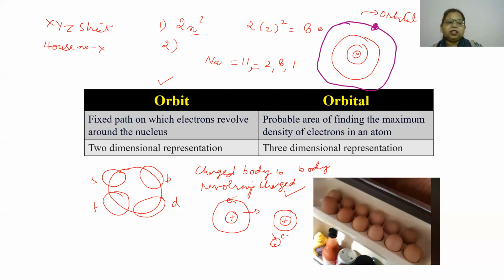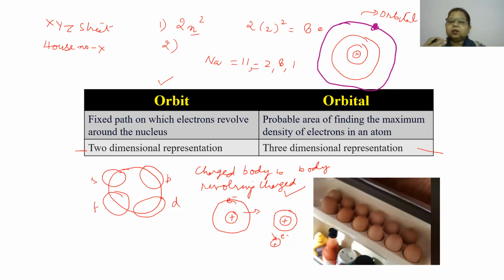Another difference between them is, as I told you, an orbit is a 2-dimensional space, in the horizontal plane, whereas orbitals are always found in a 3-dimensional space. I believe it is clear. Most of the time in school exams, we are asked to write two differences between orbit and orbital.